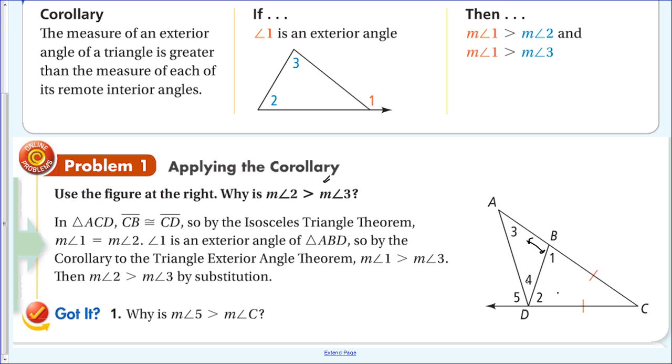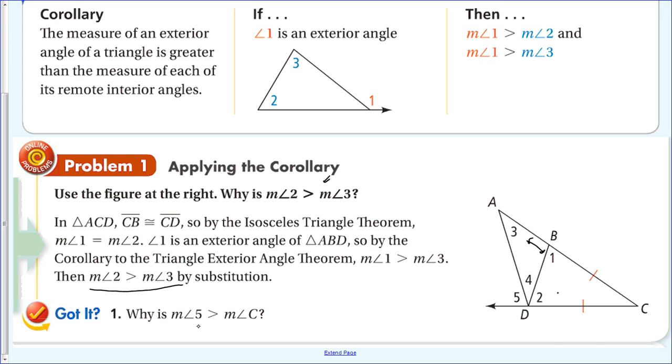Since we know that 1 and 2 have the same measure, we can use substitution to say 2 is greater than angle 3. Because 1 is an exterior angle of triangle ABD, 1 is greater than 3, and by substitution, 2 is also greater than 3.